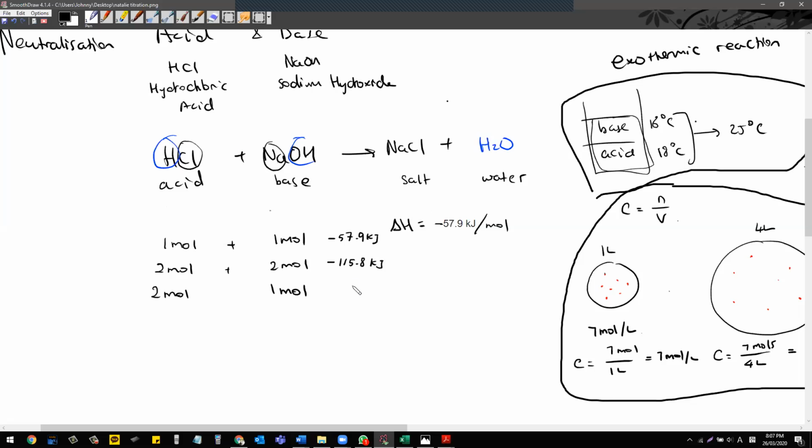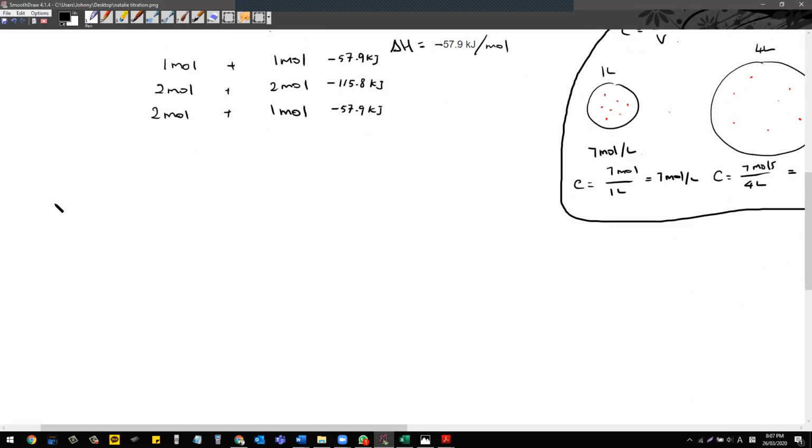What about this one then? Is it just 115 minus 57? The answer is just 57.9 kilojoules.